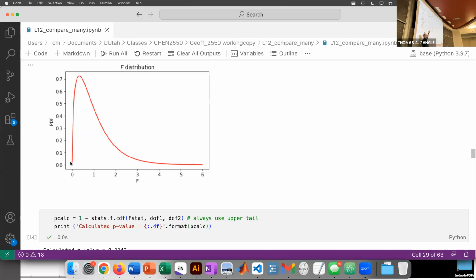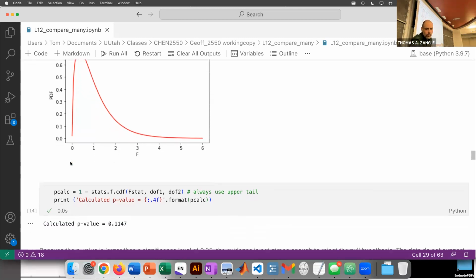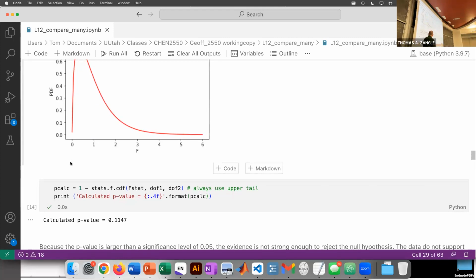This is a valid PDF, therefore the total area under this PDF is 1. And so the area underneath this curve from that point onwards, the right-hand side tail, is just 1 minus the F statistic CDF. And that is our p-value. In this case, we end up with 0.115.